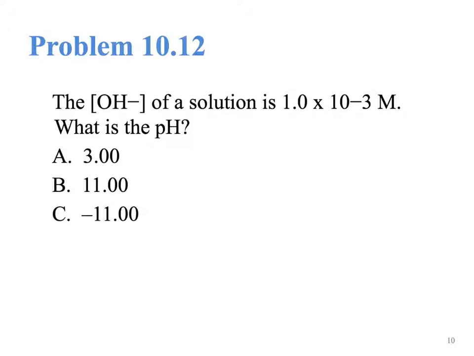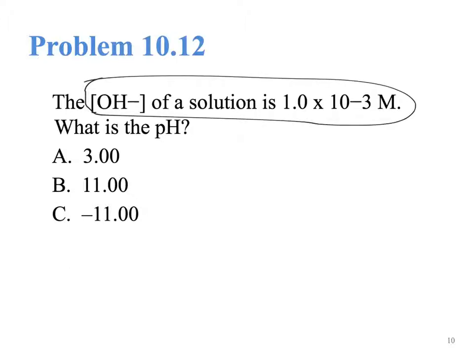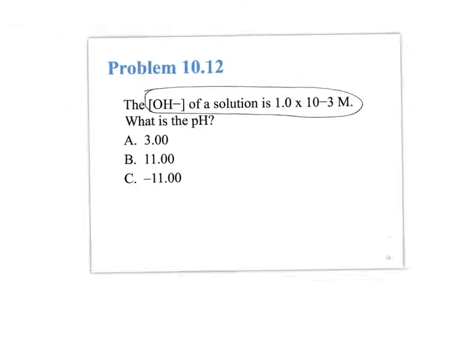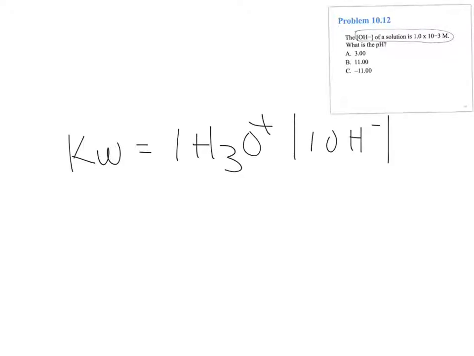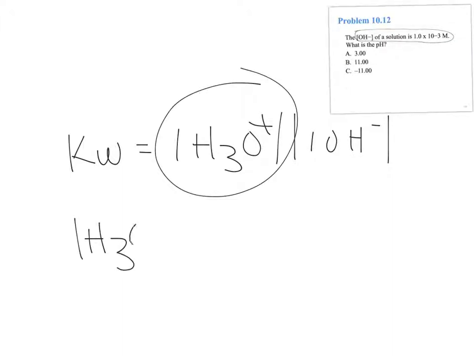The last two problems are different variations of it. Now, instead of giving us the concentration of H3O plus, they are giving us the concentration of OH minus. So for that, this is a little bit more tedious. We need to remember what we were doing. Kw equals concentration of H3O plus times the concentration of OH minus, correct? So we're going to solve for this one. It will be Kw over concentration of OH minus.